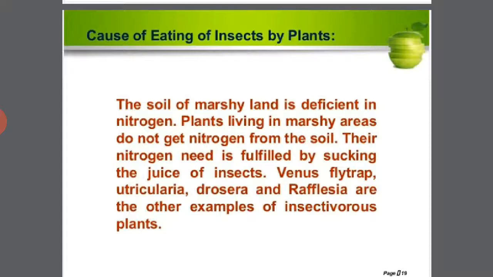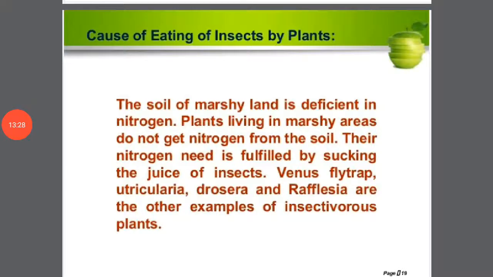Venus flytrap, Utricularia, Drosera, and Rafflesia are the other examples of insectivorous plants. Remember the names of these plants. They will definitely help you to understand the insectivorous plants in more detail.